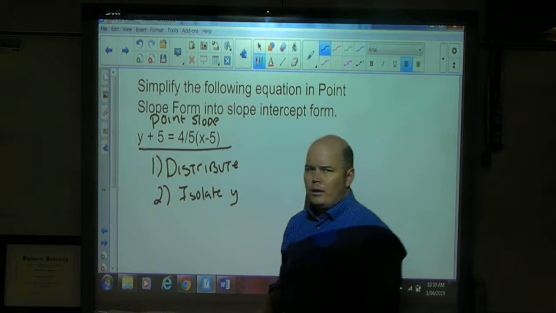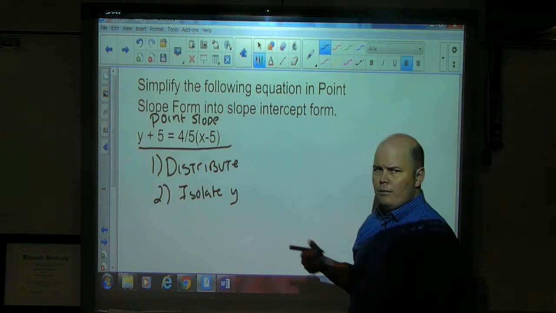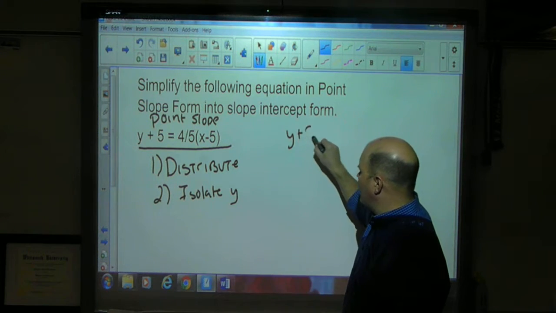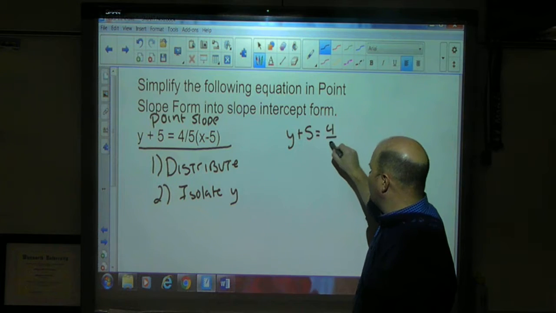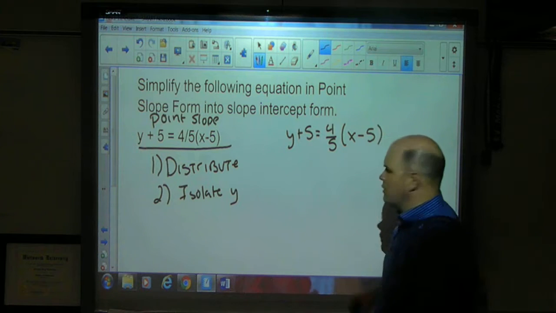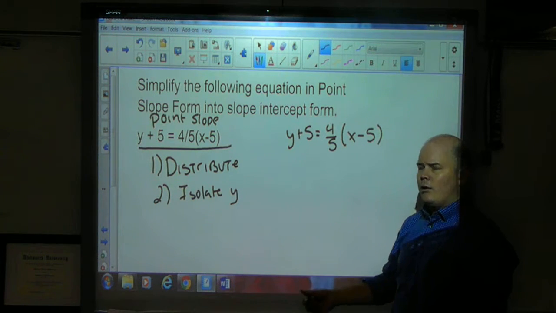Okay, so let's just go through this problem exactly how I would do it if it was me using my point slope form. So I'm going to rewrite y plus 5 is equal to 4 over 5 parentheses x minus 5. That's already in point slope form, so what I'm going to do is distribute, and then I'm going to isolate.